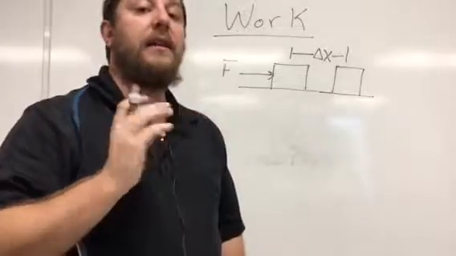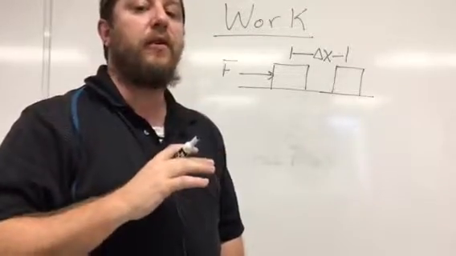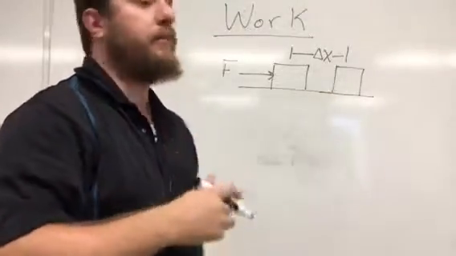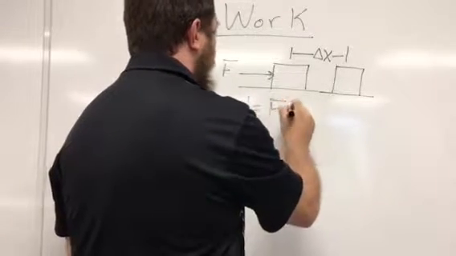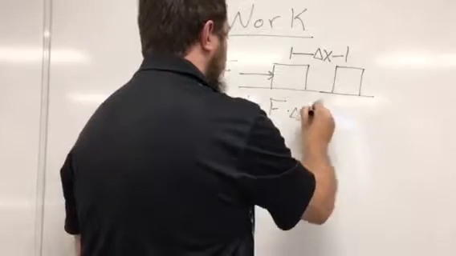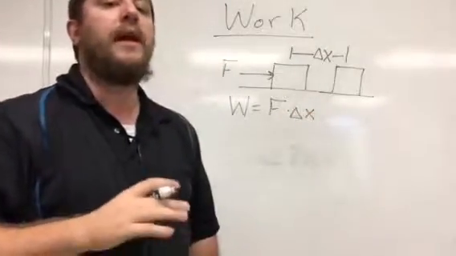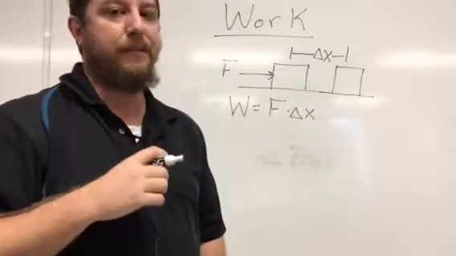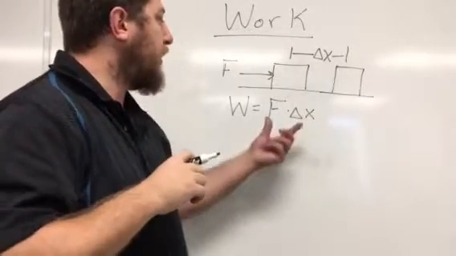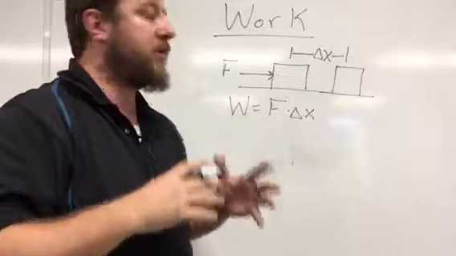Mathematically and in the physics definition of the term work, we define work to be the product of force times displacement, okay? When we're working in one dimension, we define work to be the force times the displacement. And you can already kind of see where this is going.